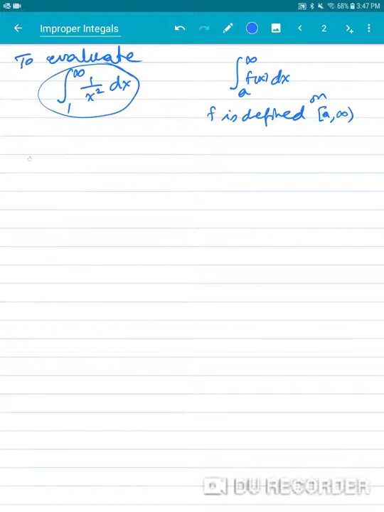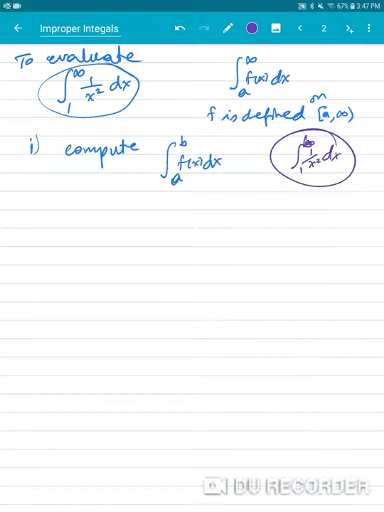How do we do that? The first thing we do is compute the proper integral from a to b of f of x dx. In other words, we change that infinity sign to some variable b. In my example, I would compute the integral from 1 to b of 1 over x squared dx. That's what I compute.